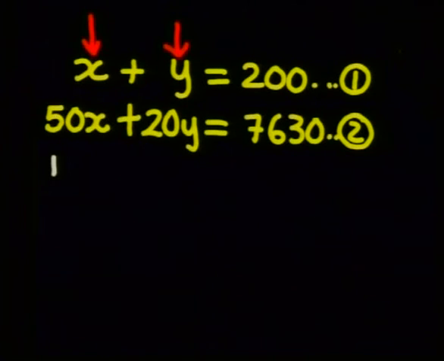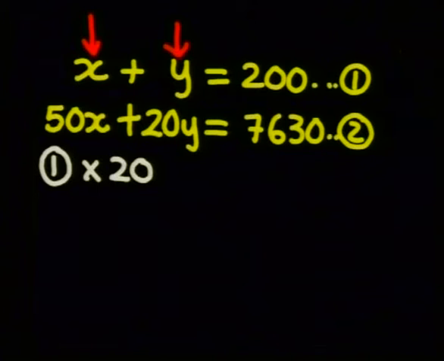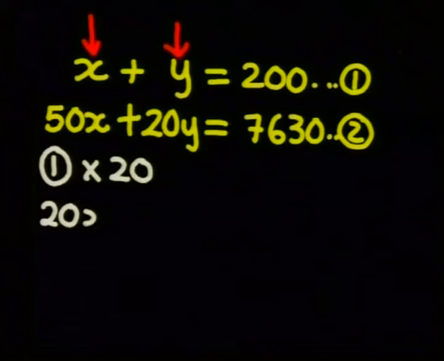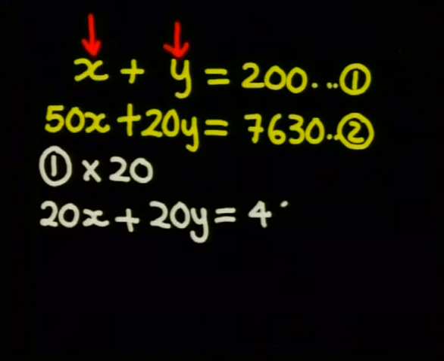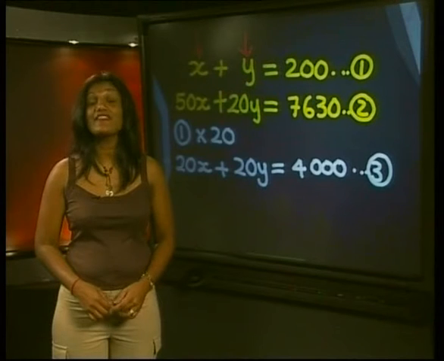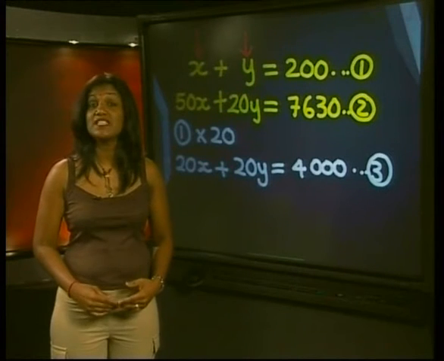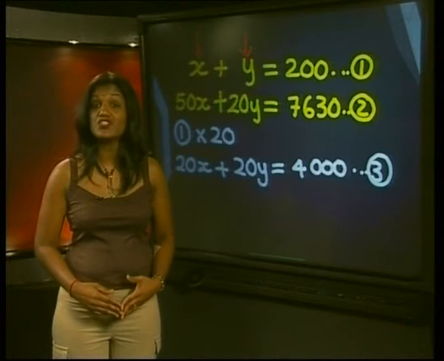So I want to multiply equation 1 by 20. I get 20x plus 20y is equal to 4,000. That is equation 3. That's better now. We have 20 as the coefficient of y in both equations 2 and 3.